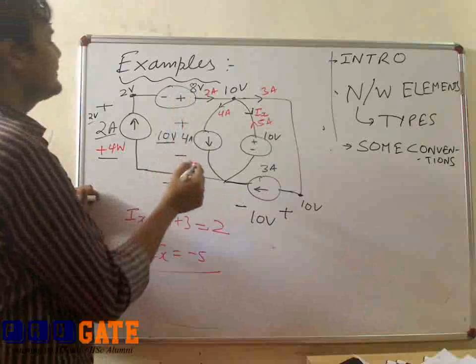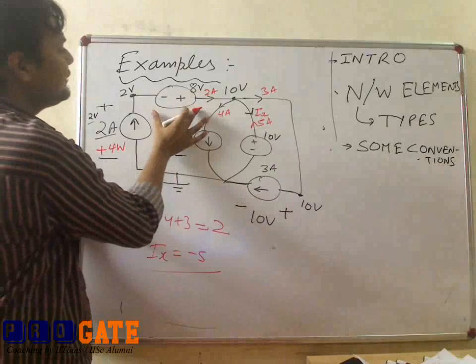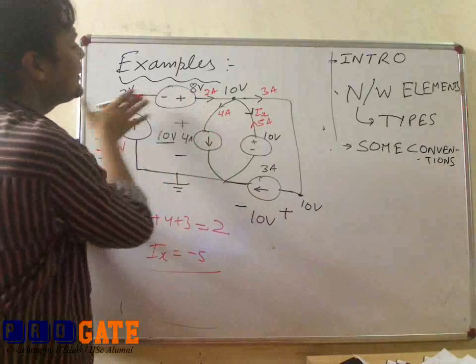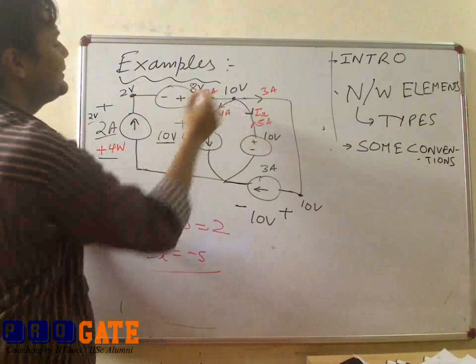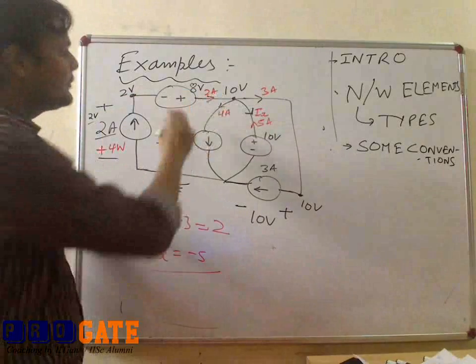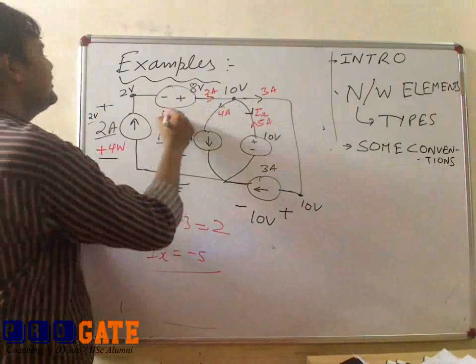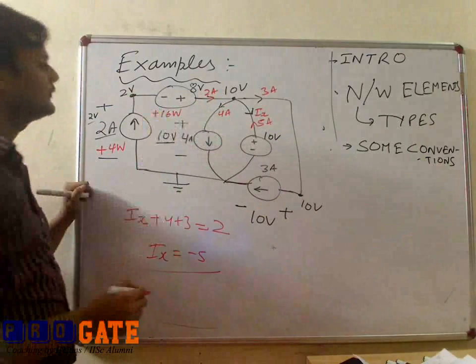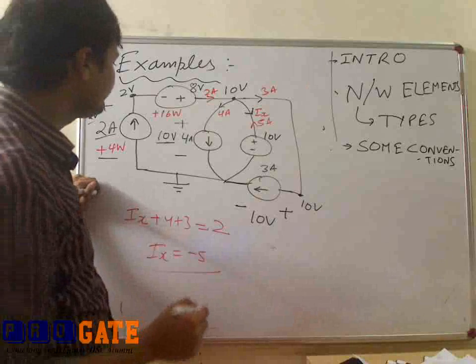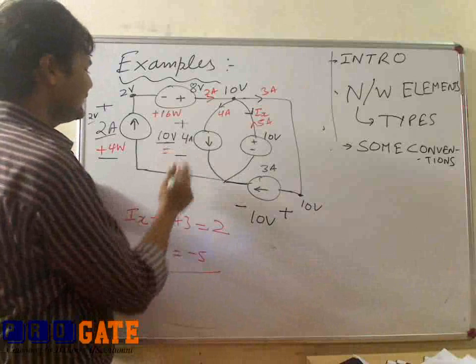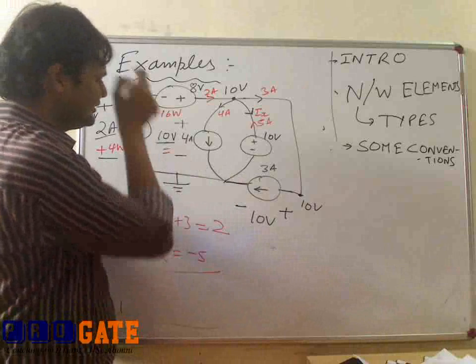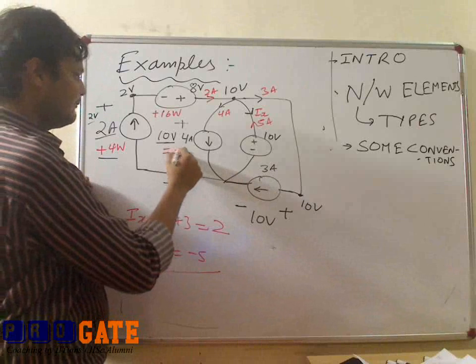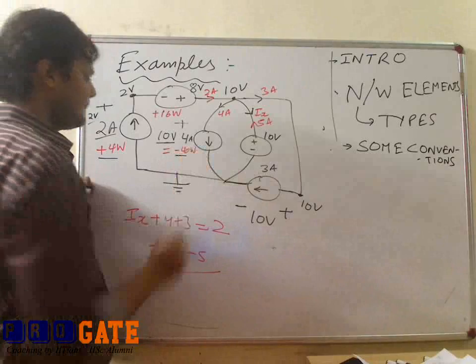And what about this 8 volt source? Again, it is delivering the power. The current direction is like this. It is outgoing from the positive terminal, so it has 16 watts. And this one is absorbing the power, so I will take it as negative. So this is minus 40 watts.